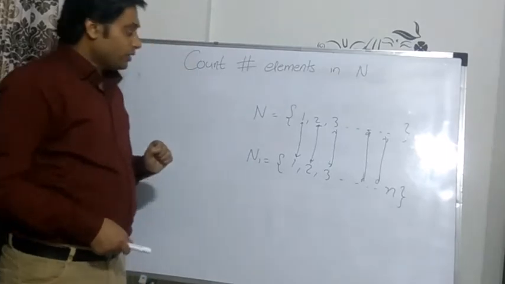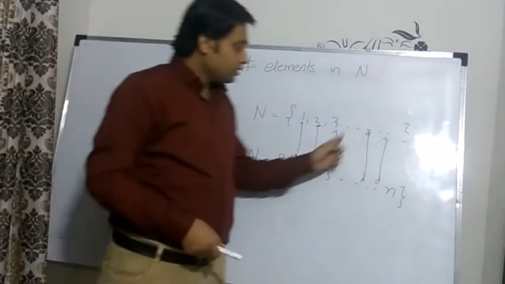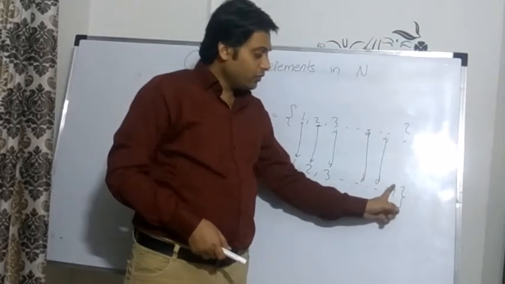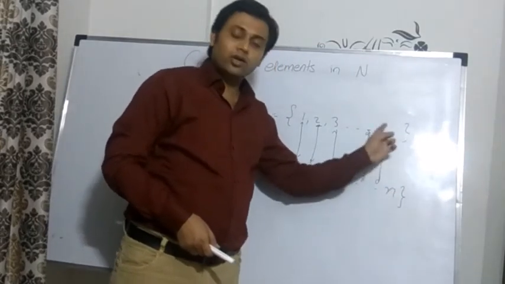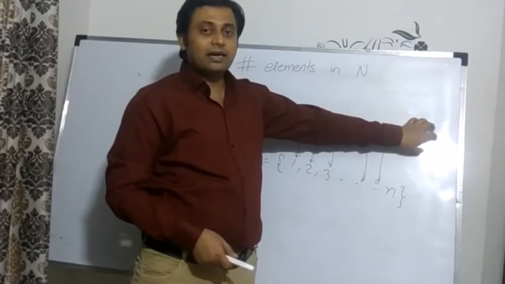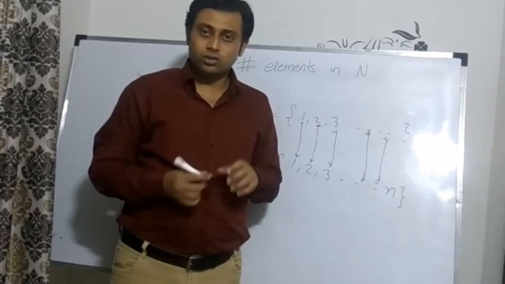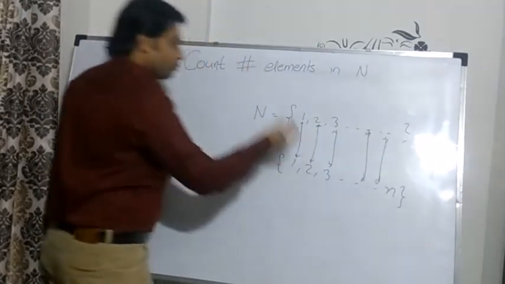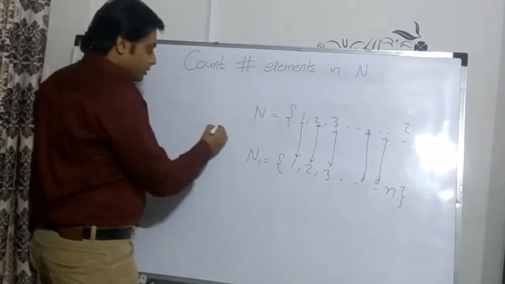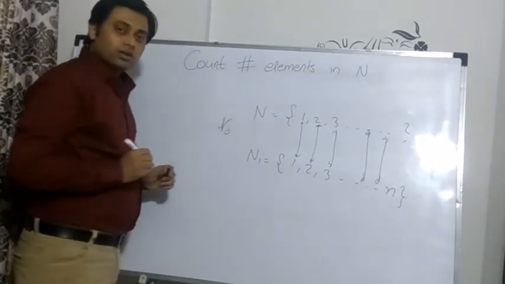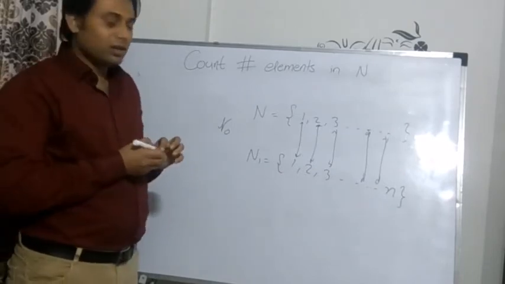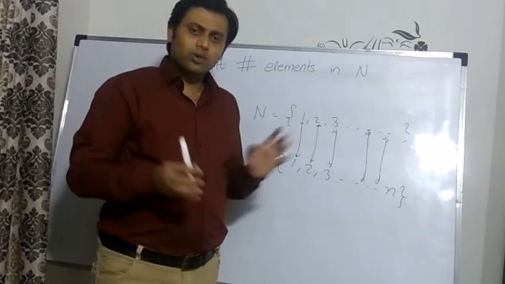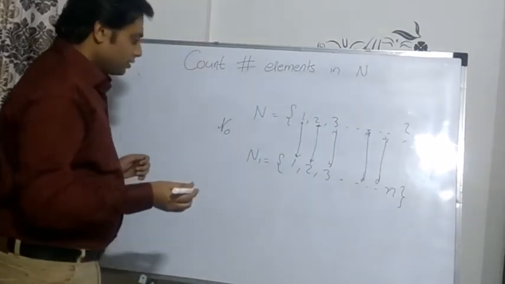Okay, since this mapping is not going to end at some n, we will not be able to come up with the cardinality of N. So what to do? So Cantor defined the number of natural numbers as Aleph 0. So Aleph 0 is one symbol he gave to the number of natural numbers. So okay, what is 5?